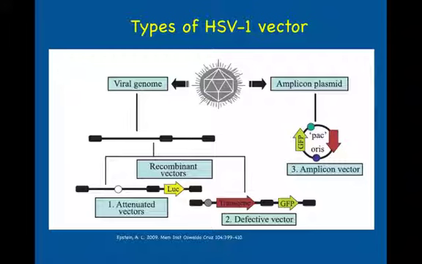Use recombination to put in a gene of interest, and you can do that to attenuate the virus and use it that way. Attenuating is passing it in cell lines, so it's not as infectious or disease-causing in humans. Or you can just create a totally defective vector which doesn't have the replication genes.